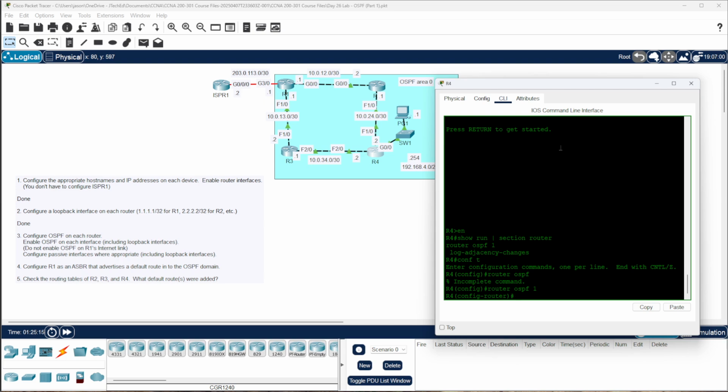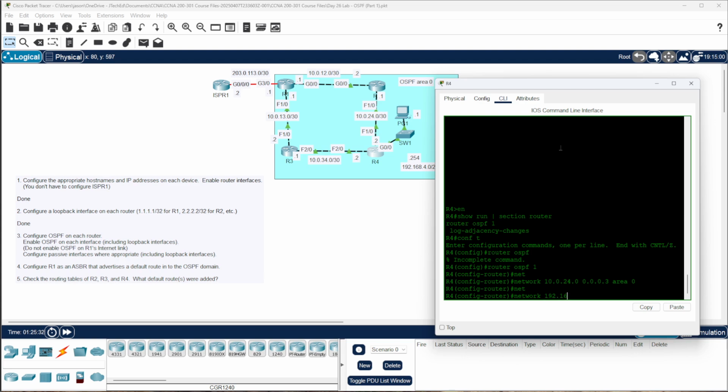So, router OSPF1. So we got to do network 10.0.24.0 0.0.0.3 area 0. And we actually got 3 to do. So we got 192.168.0.0 0.0.0.0.4.0.